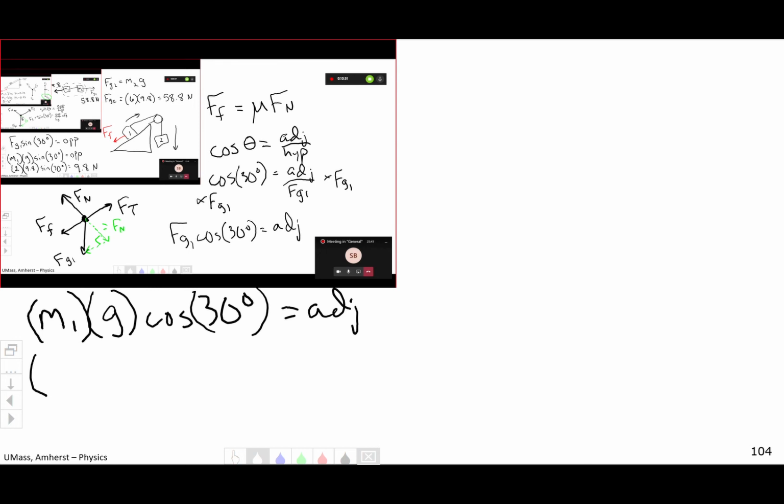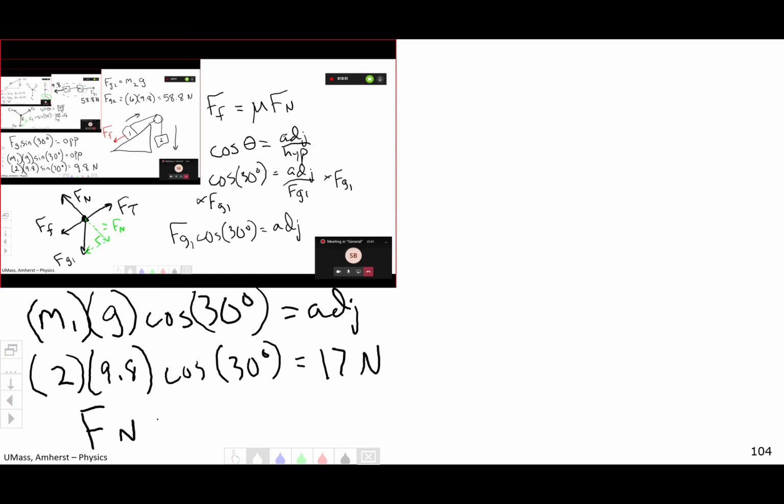Yeah, 2 times 9.8 times cosine of 30 degrees. And that number is going to come out to be 16, let's call it 17 newtons. So that means that our normal force is going to be 17 newtons.